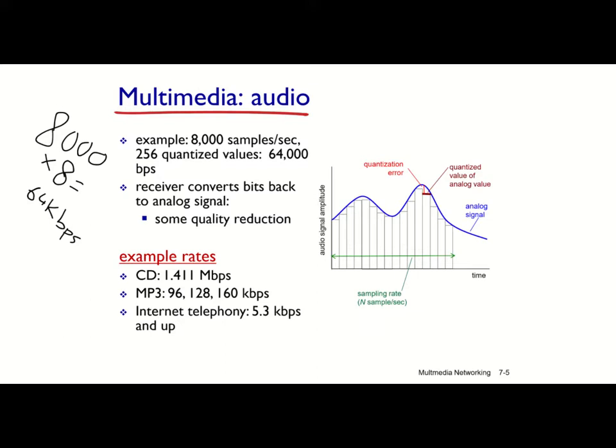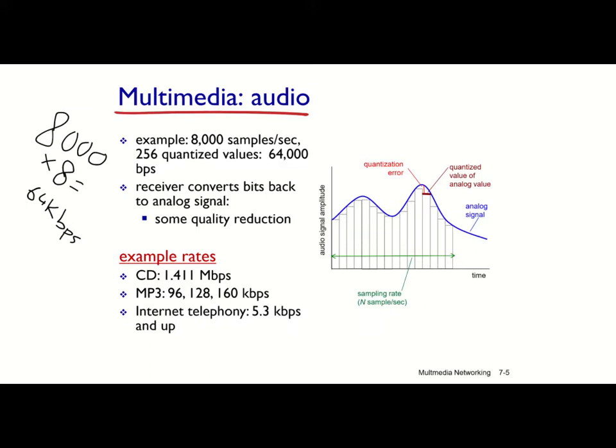After some calculation, you can figure out that for CD quality, we need 1.411 megabits per second, and if you want MP3 quality, we have different storage rates.